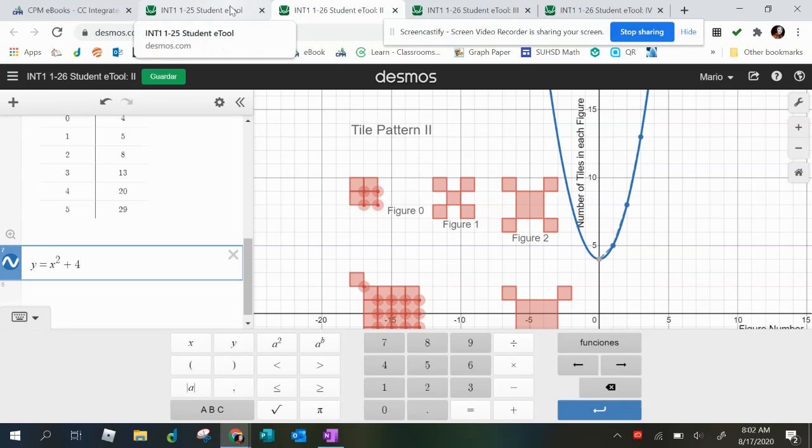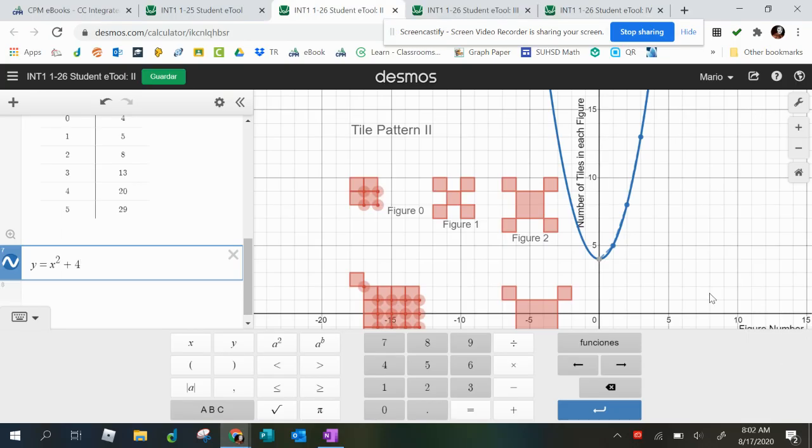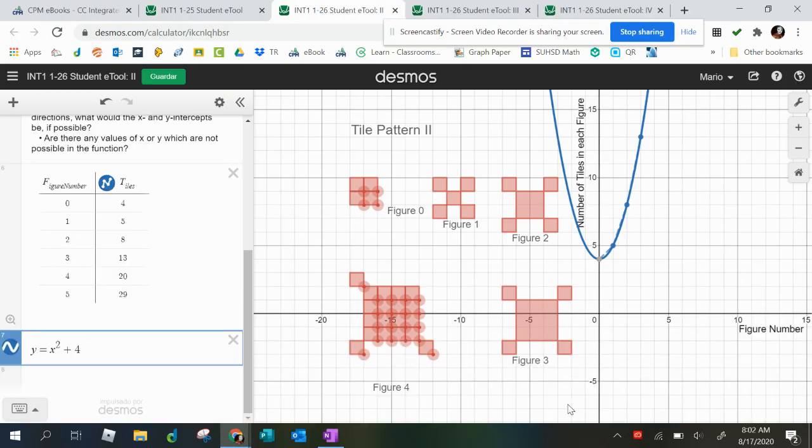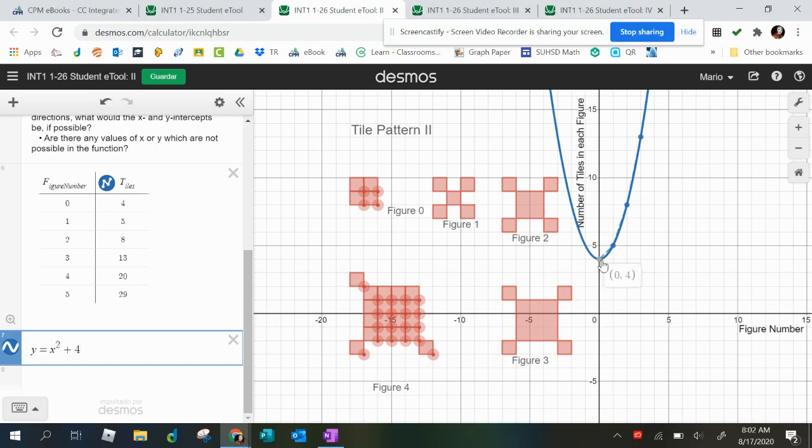And now let's move on to describe the graph. So what is the general shape of the graph? If you guys notice here, it is a U shape. That shape is called a parabola. So that is a parabola, or U shape. From left to right, is the graph increasing or decreasing? From where we started, the graph is increasing, right?